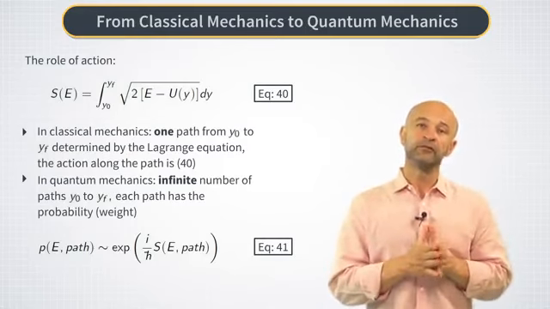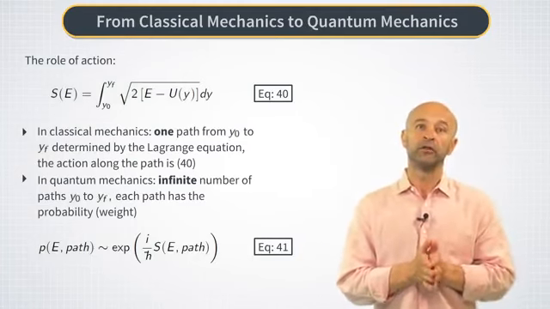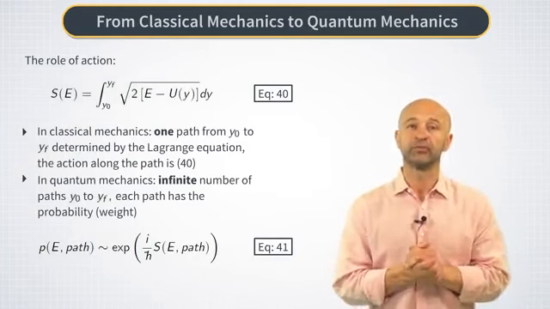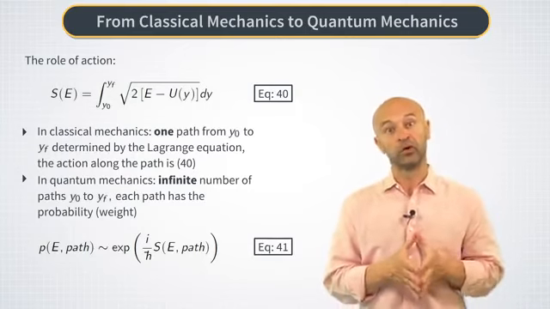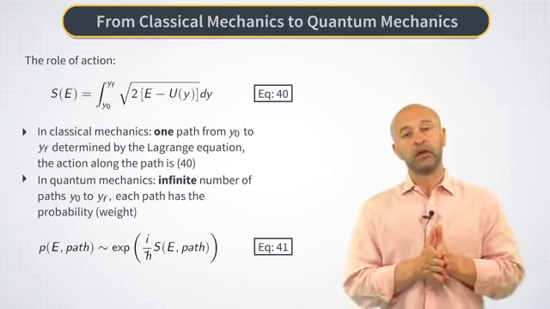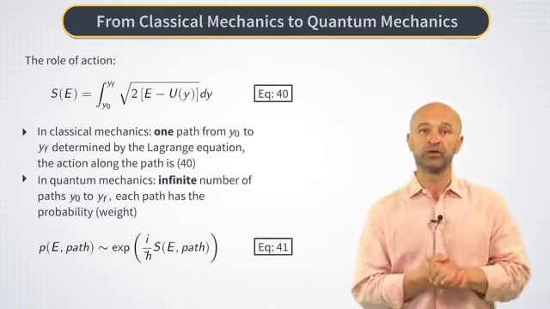On the other hand, if you look at equation 40, you can see when you can get imaginary actions. For this you need to have a negative expression under the square root in this equation. But this happens only when energy is less than the potential energy U of x.